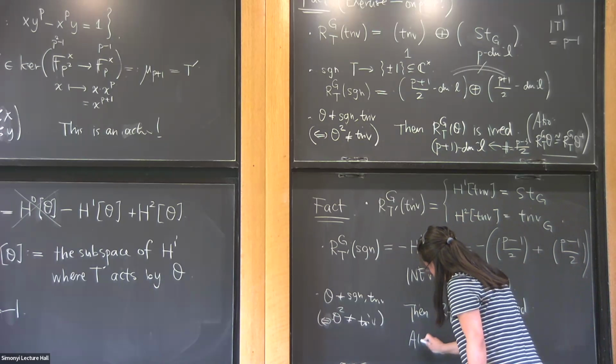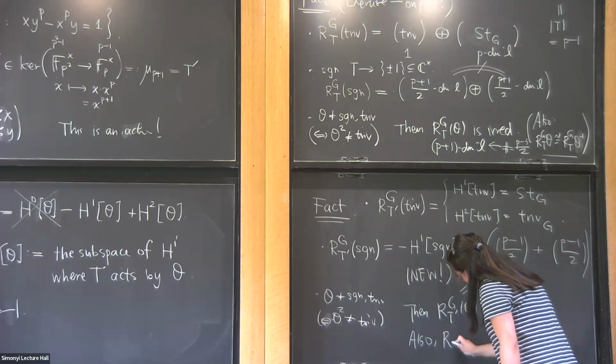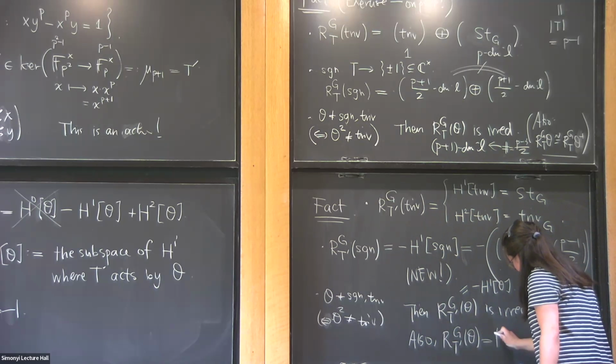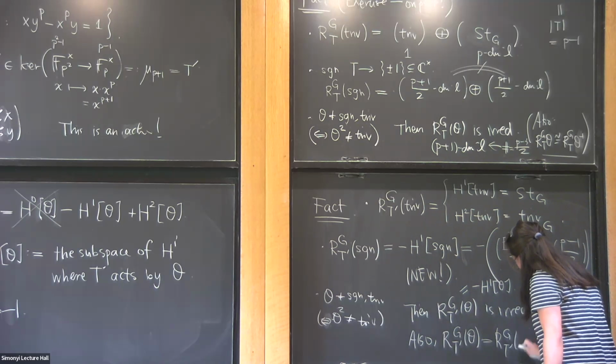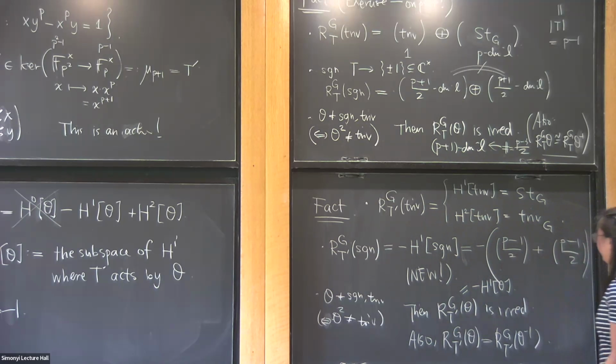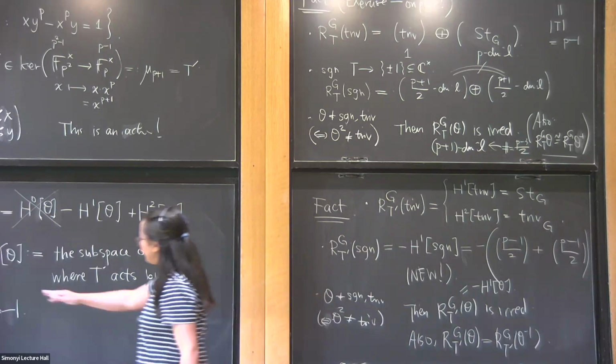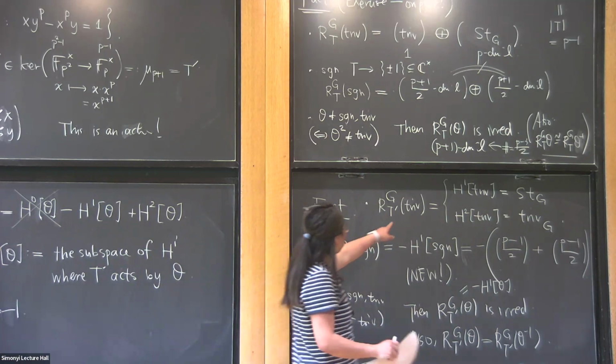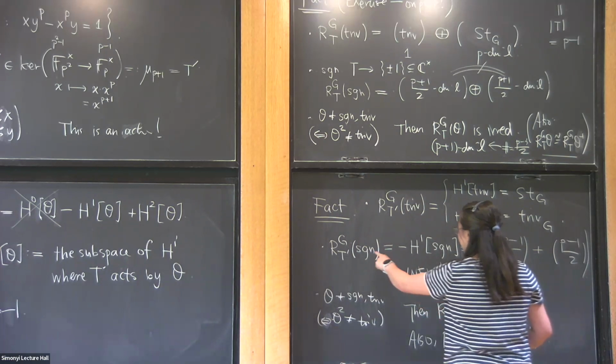And also, if you look at RT prime G theta, this is the same as RT prime G theta inverse. So now we can calculate how many of them there are. There are P plus 1 such thetas. One of them is given by trivial. One of them is given by sine.